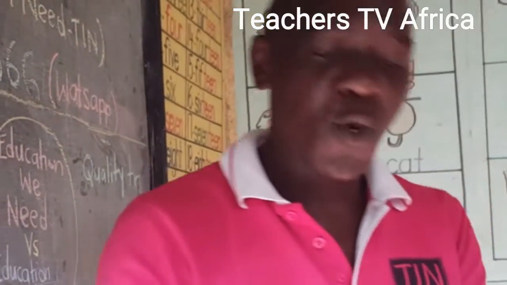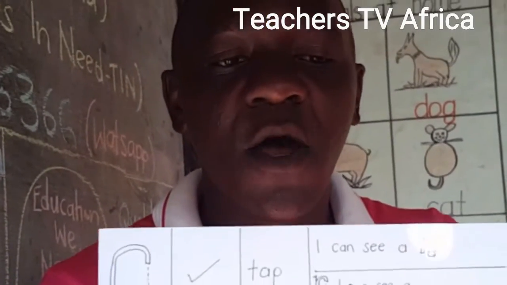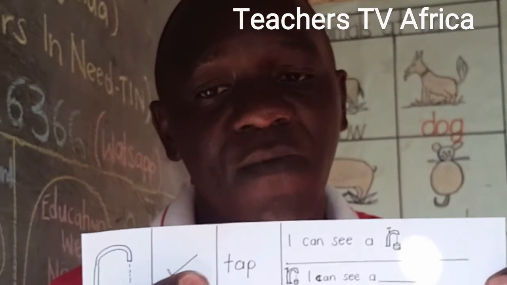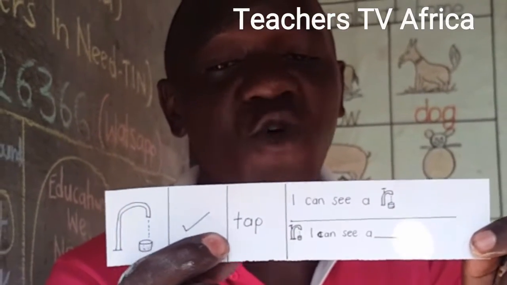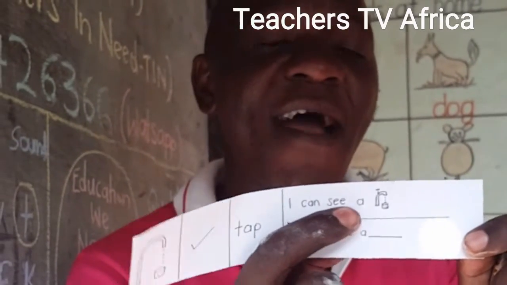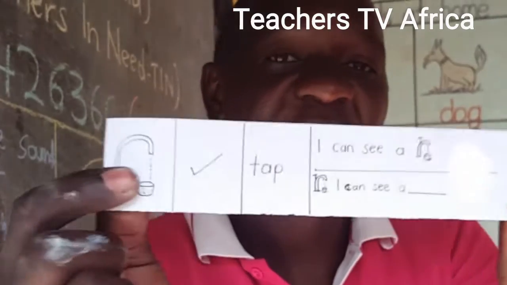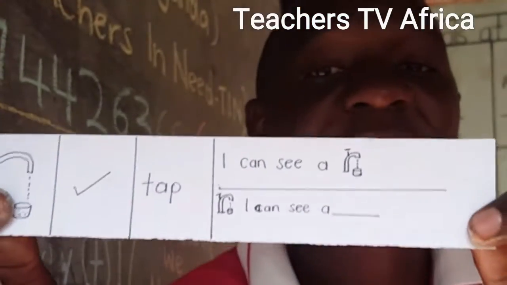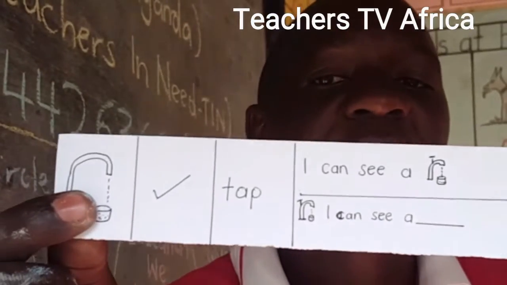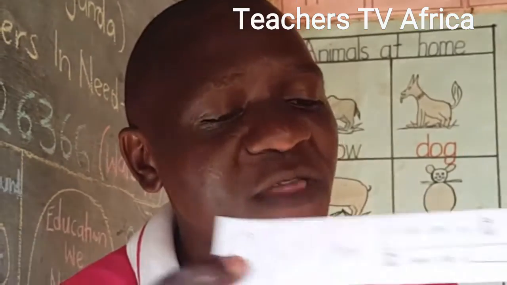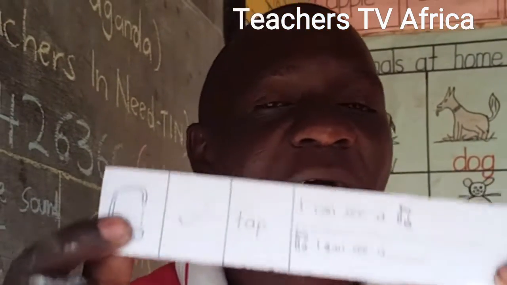Then we can also have this whereby a child will draw the tap, write sound T, the tick, the action, the word, then I can see a tap. Have you seen this? Here we have drawn it, but for them, they will write I can see a tap, the word.